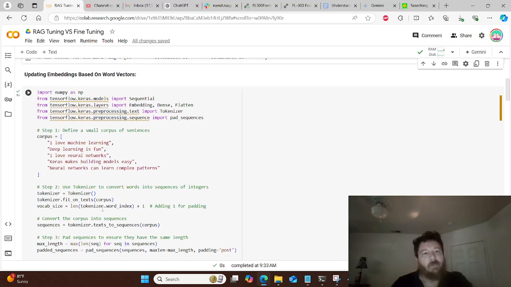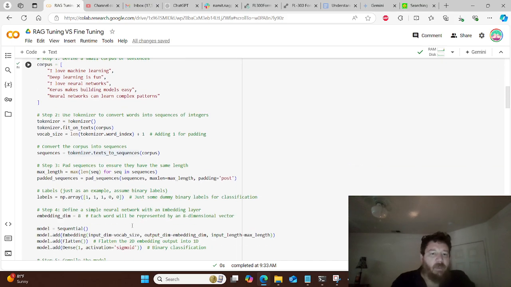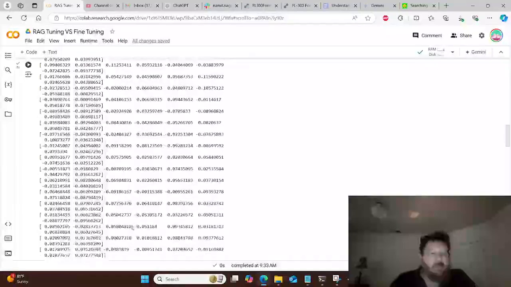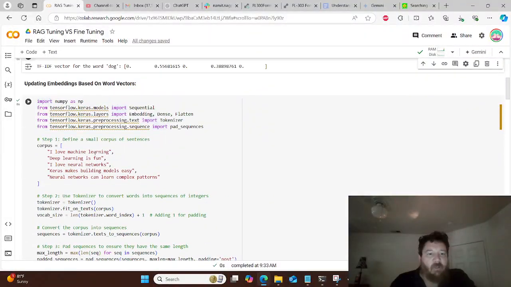Now, what happens is the models take this tokenization, these word vectors, and then they update their internal weights based on these word vectors when you fine tune a model. So in this instance, we have some sentences again. I love machine learning. Deep learning is fun. I love neural networks.